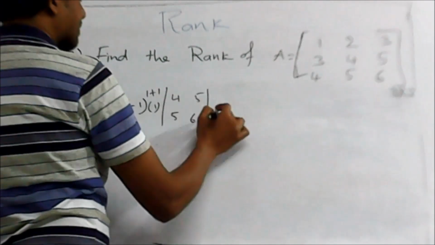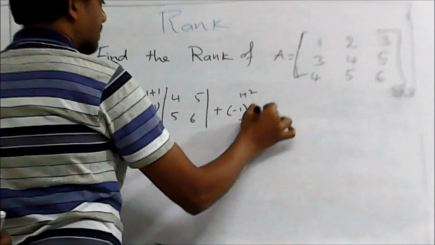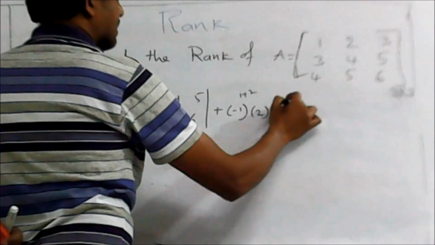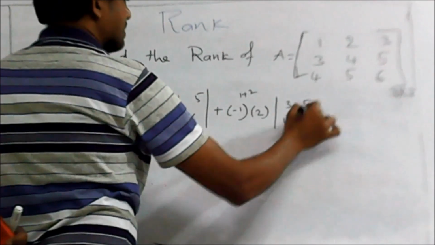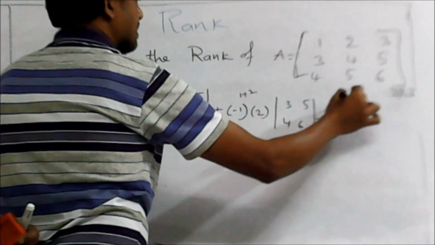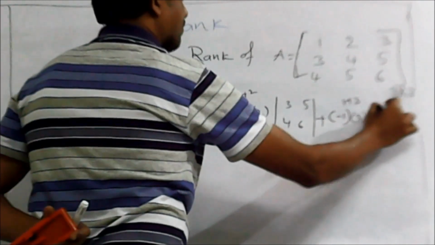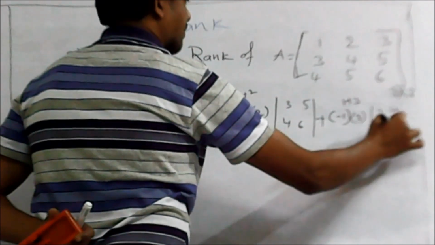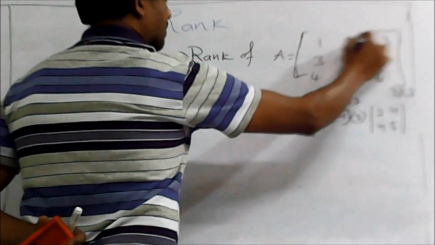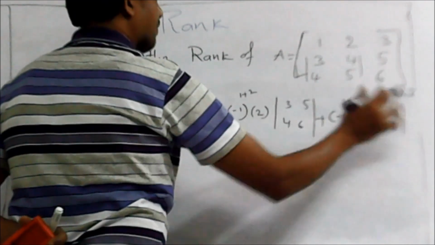The second element: minus 1 power 1 plus 2, 2 into the minor of this element, 3, 5, 4, 6. The third element: minus 1 power 1 plus 3, 3 into the minor of 3, which, leaving this row and column, is the remaining elements 3, 4, 4, 5.